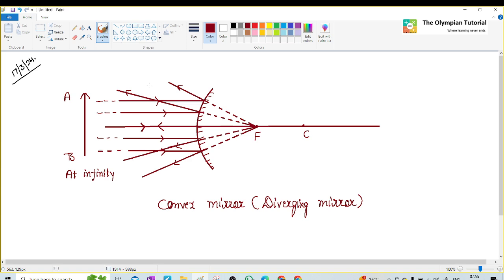From infinity, rays are coming and they are being spread. They are not actually meeting at the focus, but it is observed that they appear to meet at the focus.